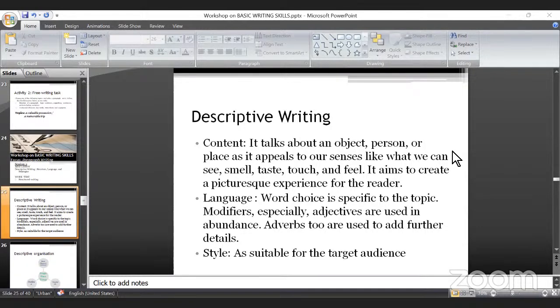This is the most common form of writing a paragraph, because once you know how to do descriptive writing, most of the paragraphs would take that form. It is about some sort of description about something. The pattern that you might use to arrange your information could be different. You could use a compare-contrast method, or a process paragraph method, or a definition paragraph method.